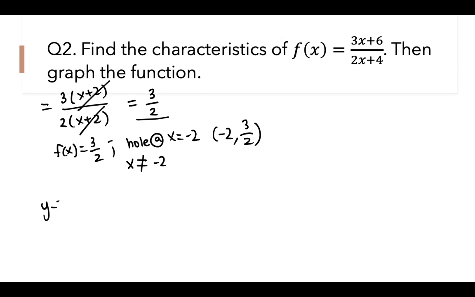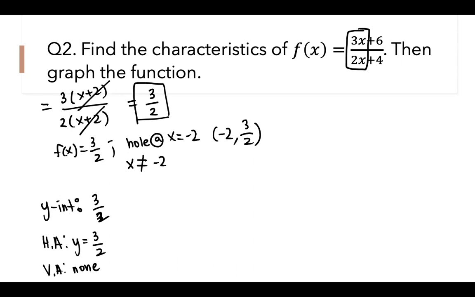We can find the y-intercept when x is 0, but there's no x. So the y-intercept is at 3 over 2. Okay. What about the horizontal asymptote? For the horizontal asymptote, the degree is the same, so you look at the coefficients, which is 3/2. Now, do I have a vertical asymptote? In this case, there are none, because in the simplified equation, the denominator is just a constant.